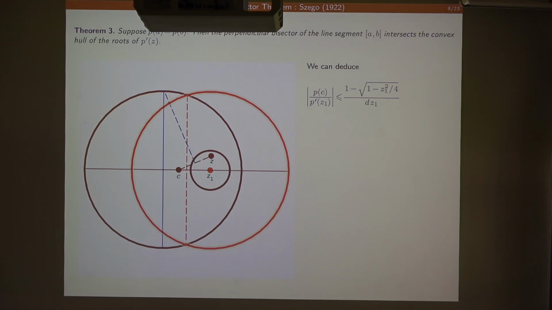Consequently, C cannot be a root of P. The result said if C is a root of P, P(C) equals P(Z1) equals 0, then the perpendicular bisector of the line segment CZ1 intersects the lune, but it is not possible in this case. Consequently, C is not a root of P.